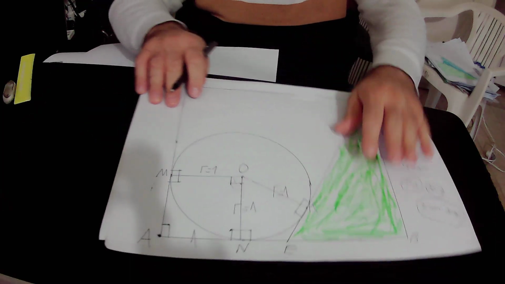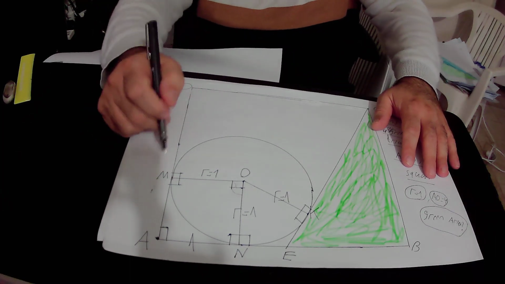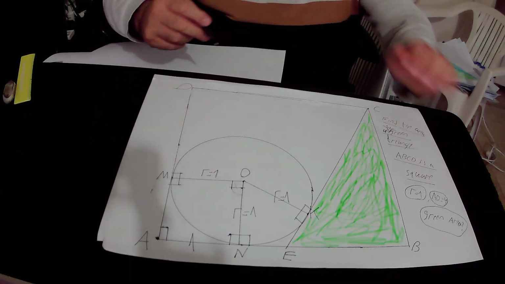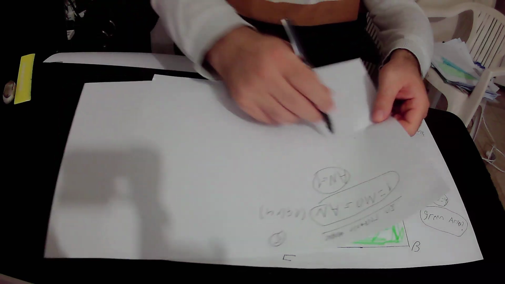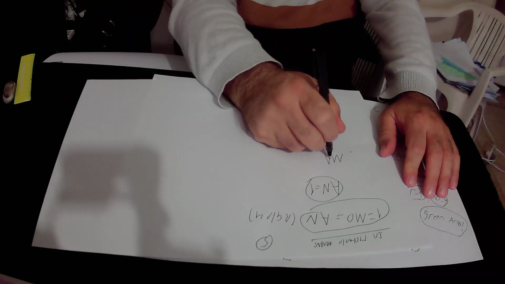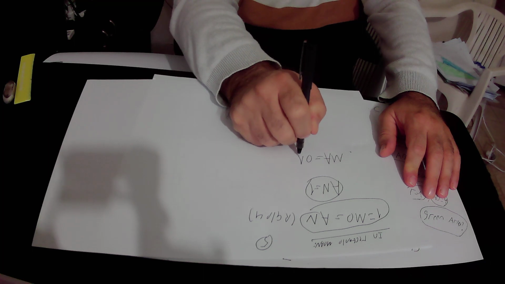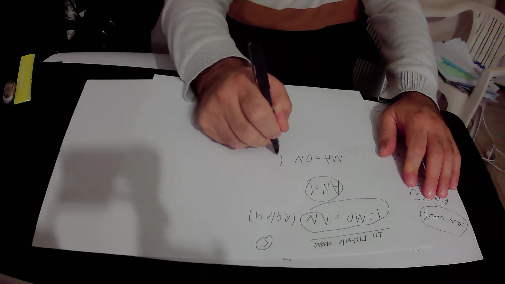Likewise, according to rule number 4, MA equals ON, according to the same rule.